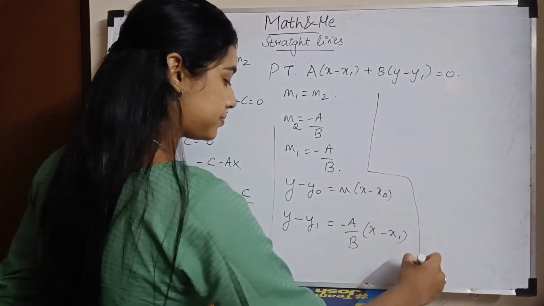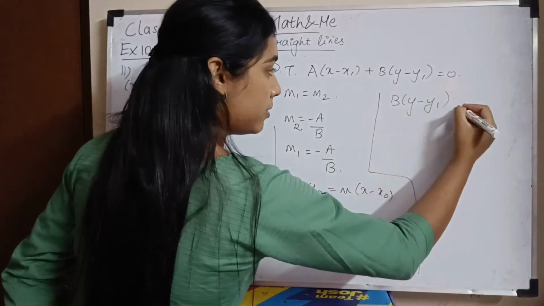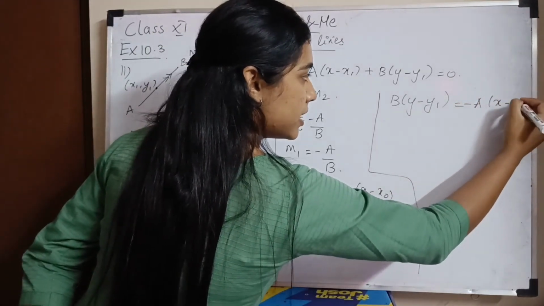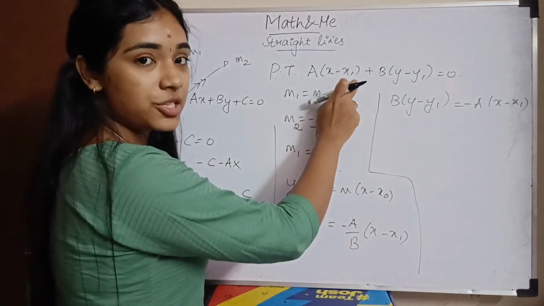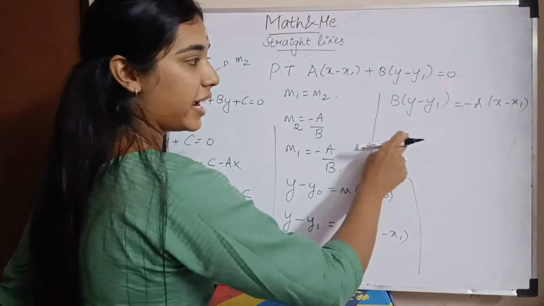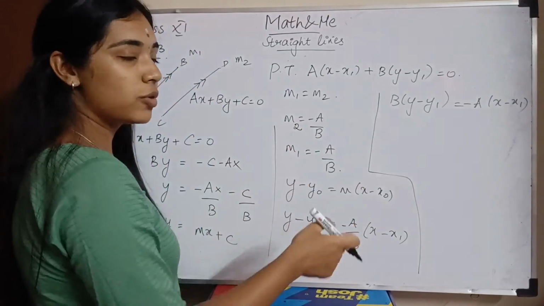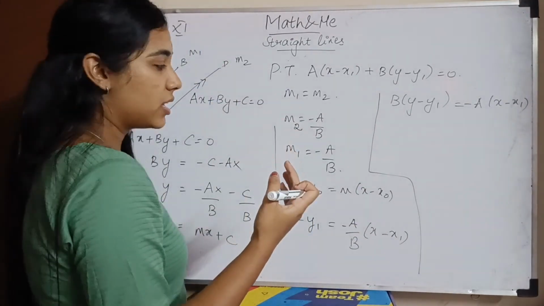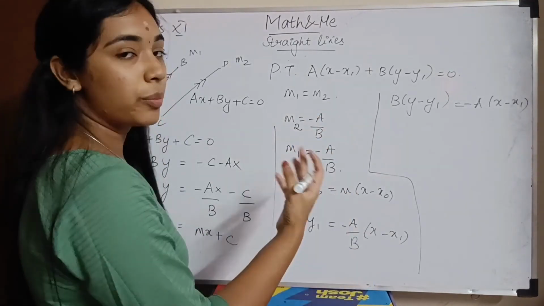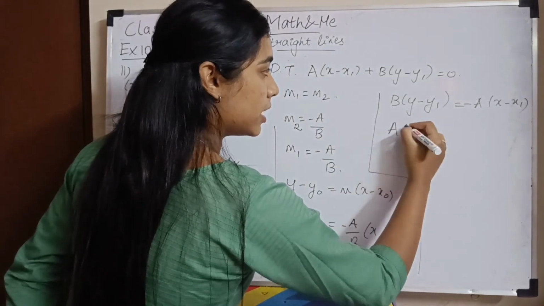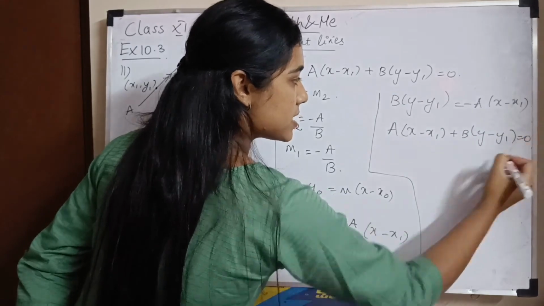When I take b to the other side, b times (y minus y1) equals minus a times (x minus x1). Here you see that you are almost getting the equation that you want. When you bring a to the other side, it becomes plus, then you obtain the equation that you want. Try to imagine the steps that come after, so you will know how to approach the question. a(x minus x1) plus b(y minus y1) equals 0.